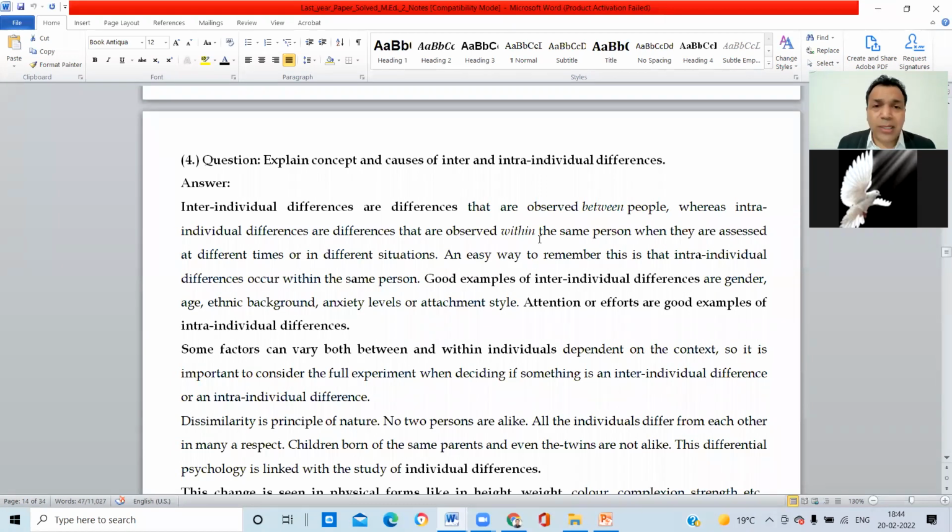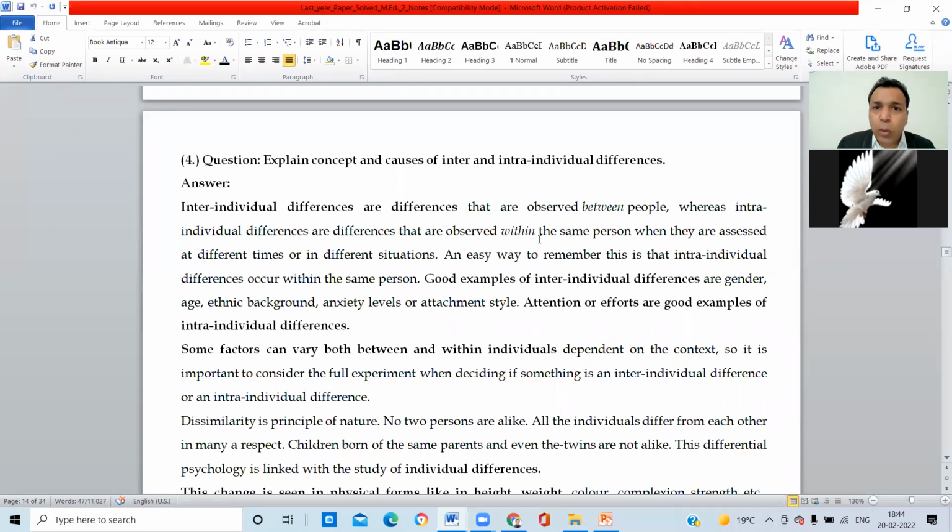So here we have to understand what is inter individual difference and what is intra individual difference. Inter individual difference means difference between two persons, right? And what is intra individual difference? Intra individual difference means difference in the same person when he is observed multiple times in different situations.